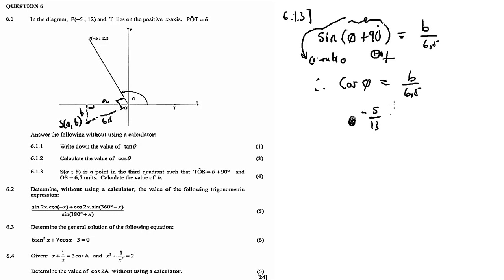Cos theta is equal to minus 5 over 13. This is equal to B over 6.5. Now I can calculate for B. So this cos theta is equal to minus 5 over 13 according to 6.1.2.